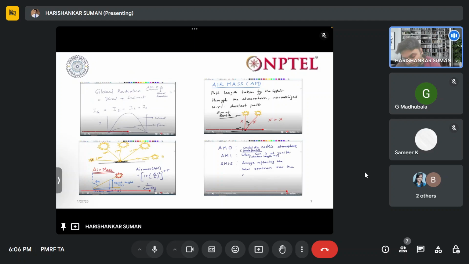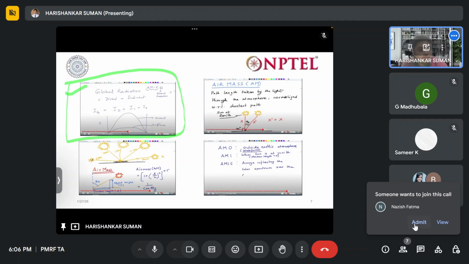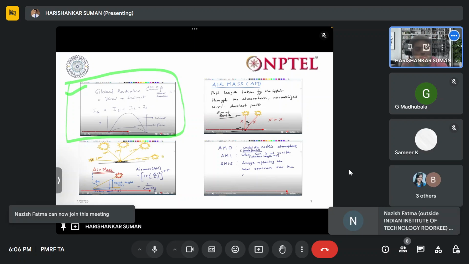So global radiation, let's focus on this term. This is useful for us. What is global irradiance or radiance? AM 1.5 G. What is the meaning of G? Global radiation.